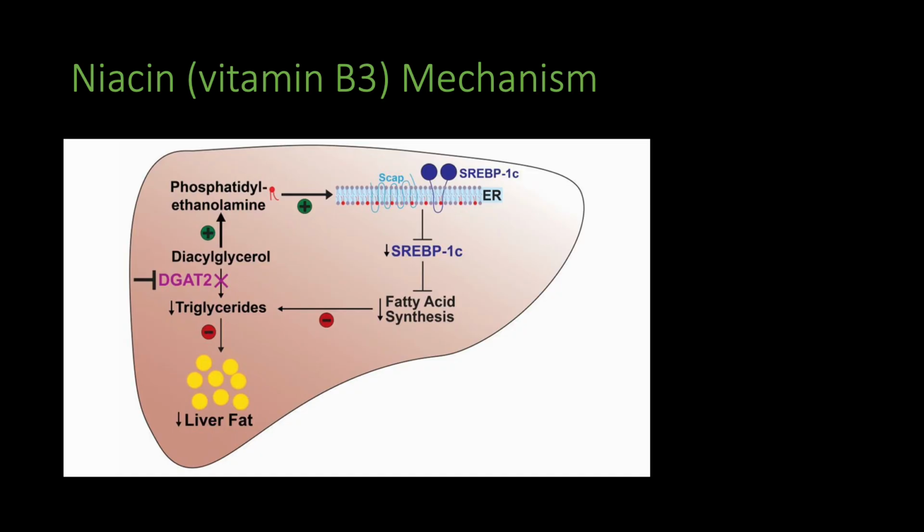I'm not expecting you to know all of these other things here, the SREBP and all that other stuff. That's not important. Just know the relevance of some of these medications, how they kind of block the enzymes in the liver.